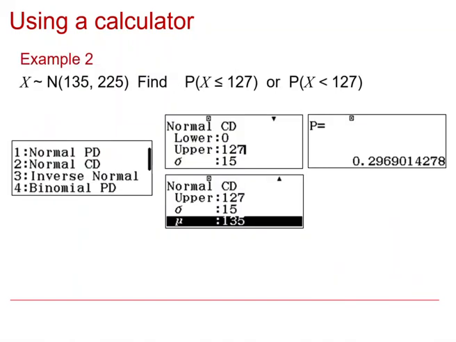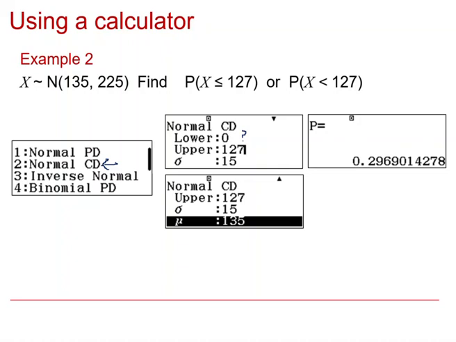A second example here where we have to find the probability of being below a particular value. Again, we're going to select normal CD. If we need to be below a value, we need to choose a lower value that's 4 or more standard deviations below the mean. So I've chosen 0 there.